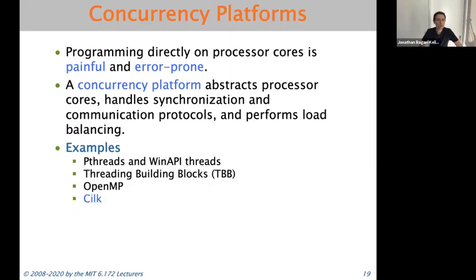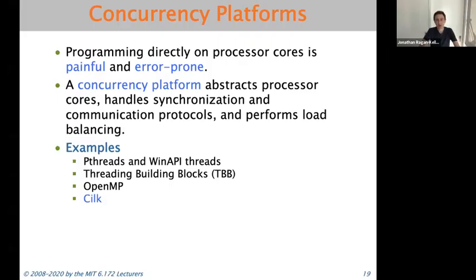So first, what do we mean by concurrency platform, and why do we need one? Well, first of all, you may have heard that parallel programming and concurrent programming, programming multi-core machines to do multiple things at once, is really painful and error prone. In particular, doing it at the level of the actual instruction set abstraction, the actual semantics of x86, for example, and its memory model, which is relatively weak, is ridiculously hard.